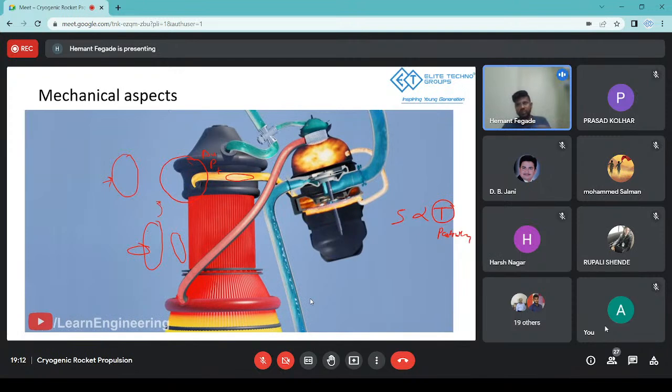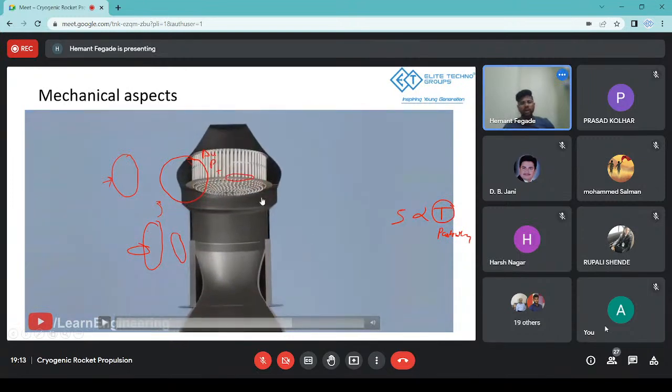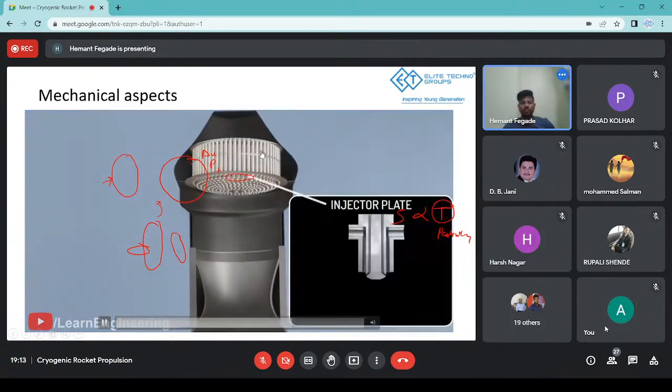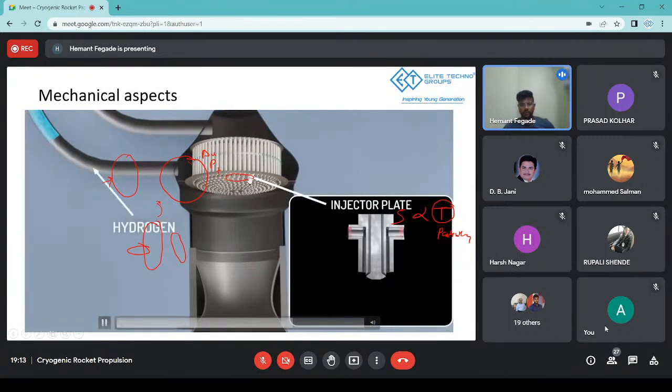Depending upon the applications, both cycles are used. Wherever it is necessary to use the gas generator cycle, it is used. Wherever it is practically possible to use the staged combustion cycle, that is used.